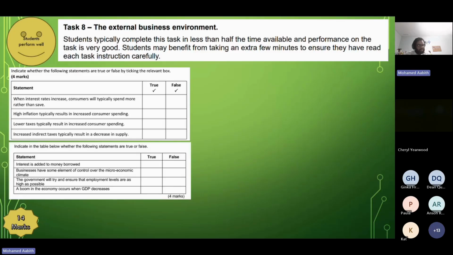Now let's look at the next part. Indicate in the table below whether the following statements are true or false. Interest is added to the money borrowed. Is it right? If you don't pay the money back, of course, it's going to increase the money you owe. Imagine that you've taken a loan and you don't pay the loan back. What is happening next month? They will tack on interest there.